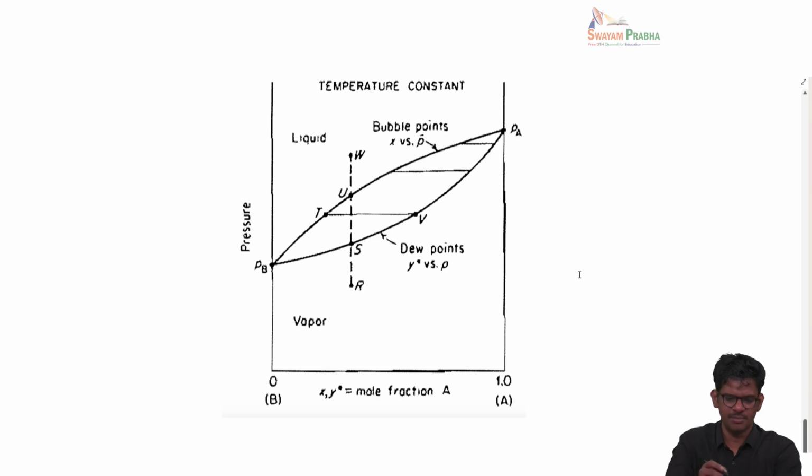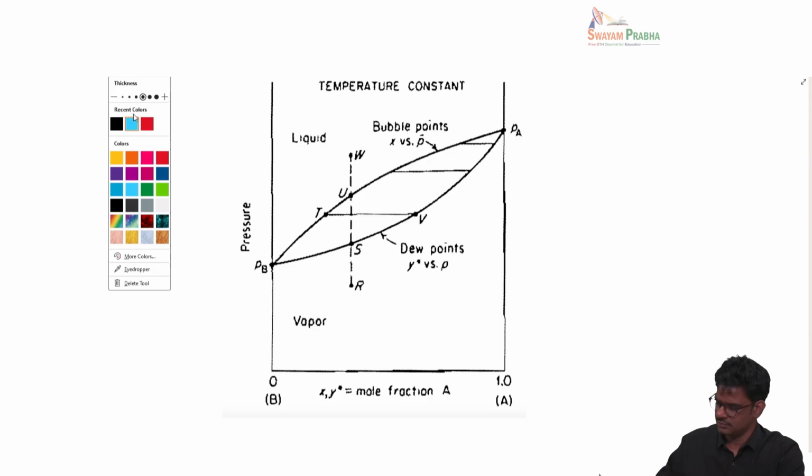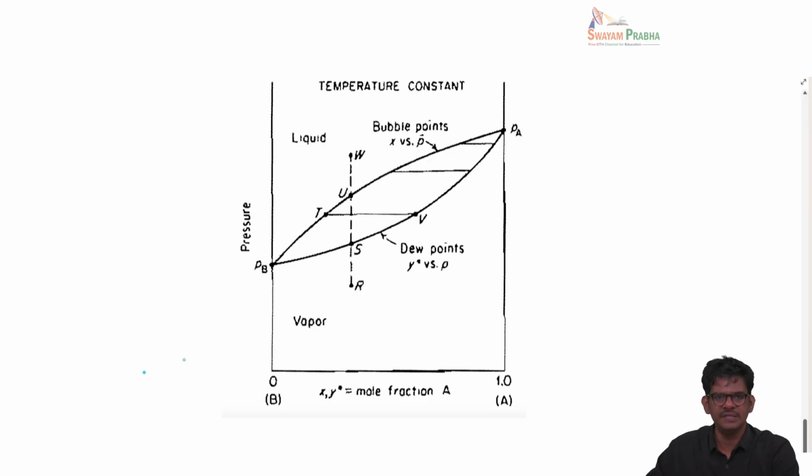Note that here the temperature is constant. At a constant temperature, we have made a cut, and that projection gives you a PXY diagram where pressure is now variable as well as the compositions.